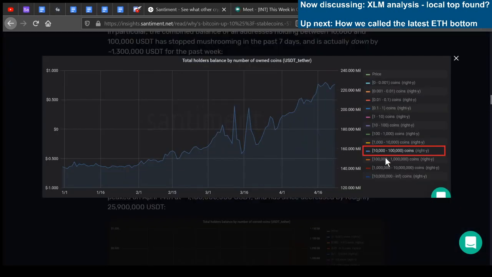So here we're looking at addresses that are holding between 10,000 and 100,000 Tether, and we can see that even though they pretty much only accumulated since the market drop here, they started plateauing their balances at the, what is this, April 16th mark, and it's actually been going downwards slightly.